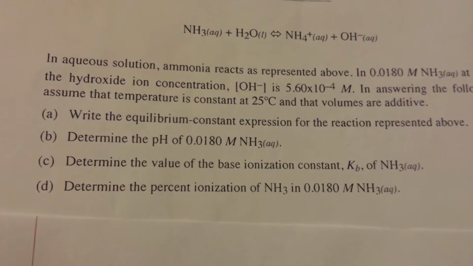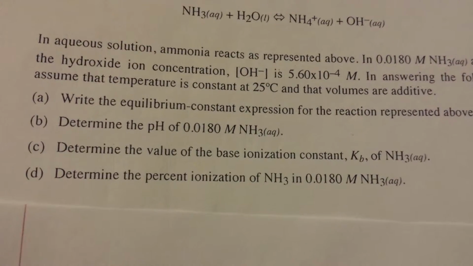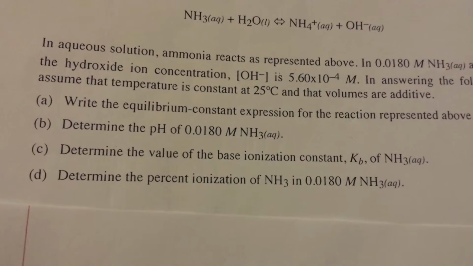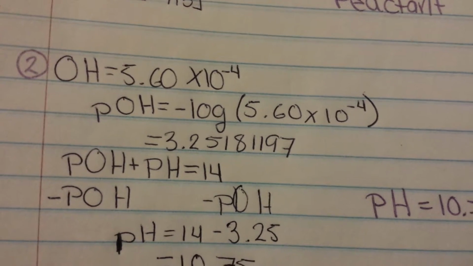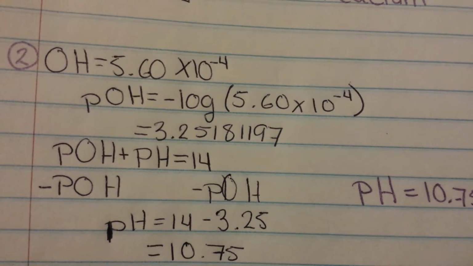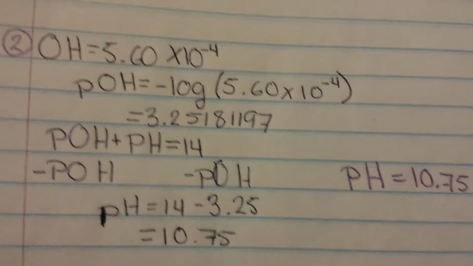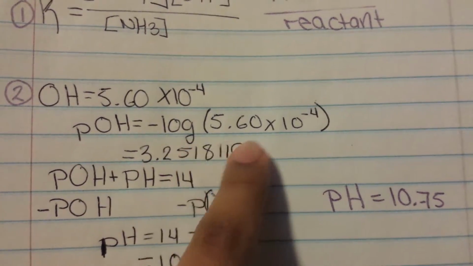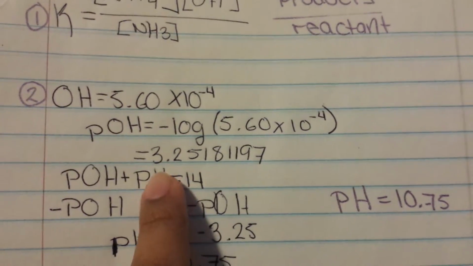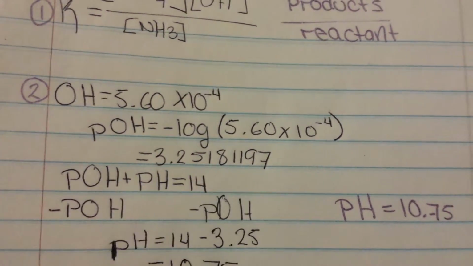Now for B, determine the pH of 0.018 molarity of NH3. We know the OH, which is 5.6 times 10 to the negative 4. We can put that in the equation right here, negative log of the OH, and that will equal 3.25.